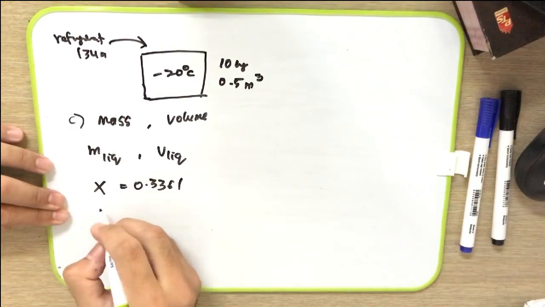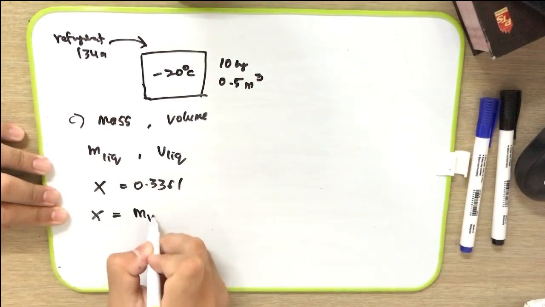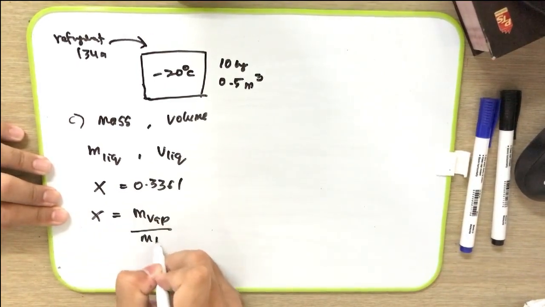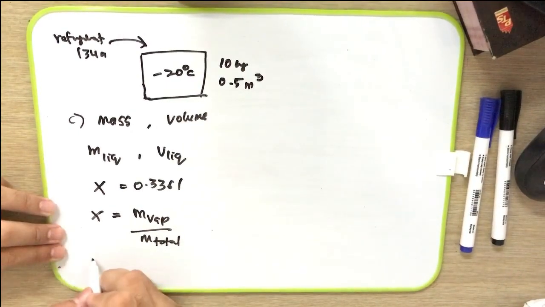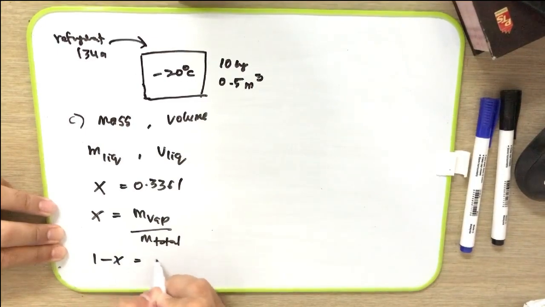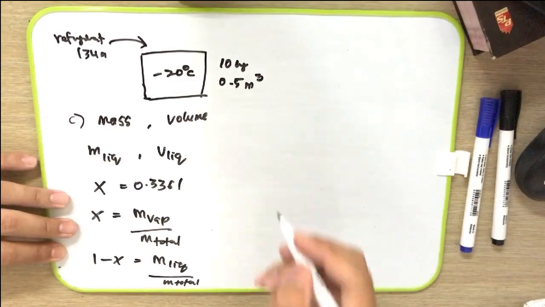The original equation for X is M vapor over M total. Because this is a fraction, we can do like this: 1 minus X is equal to M liquid over M total.